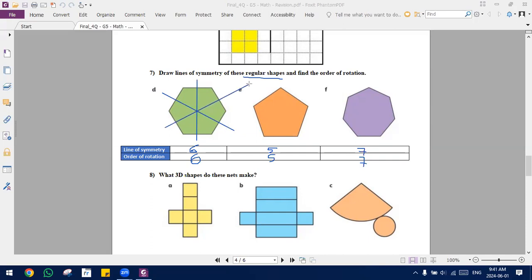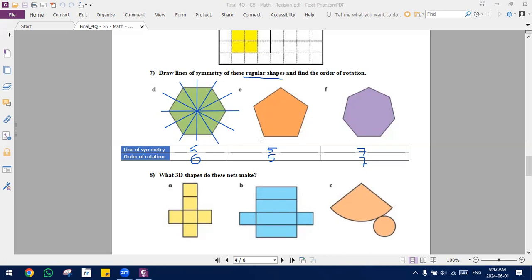This is line number 3. Okay, I still need 3 more lines. So now I use the vertices, okay? This is 1 line. This is 2. And the last one like this, it's a 3. So now if you look at all the parts, all of them are equal. So it has 6 lines of symmetry.